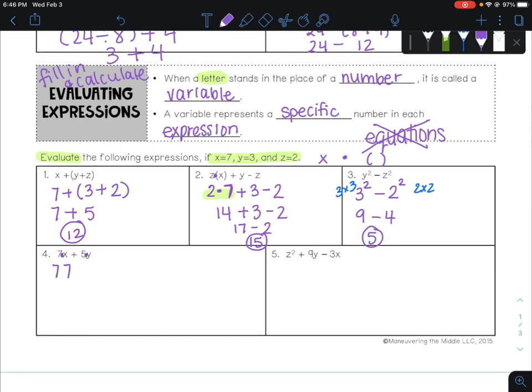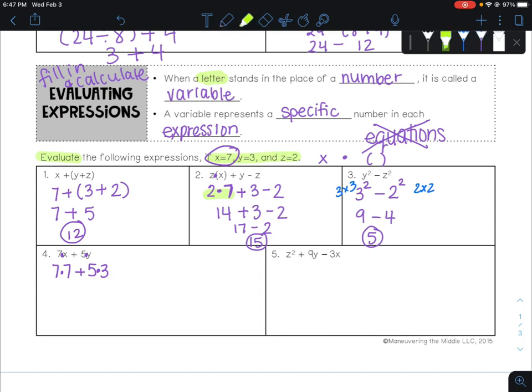We want it to say 7 times x, or 7 times 7, plus 5y. We don't want it to say 53. We want it to say 5 times 3. So variable next to number means multiplication. And when you evaluate, you need to make sure that that operation gets written in.